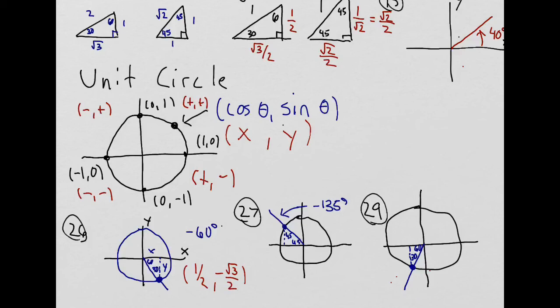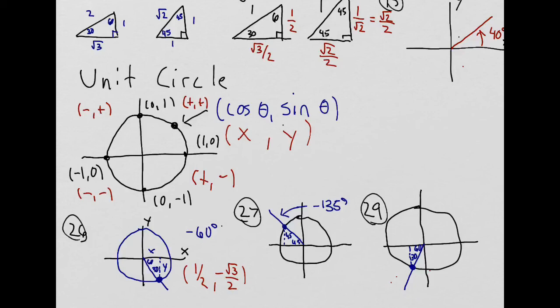Okay, let's look at 27. With 27, I'm drawing a picture here. You should always be drawing a picture for these. So negative 135 puts you over here. Again, I drew a little triangle. Negative 135 is 45 degrees past the 90 degrees.